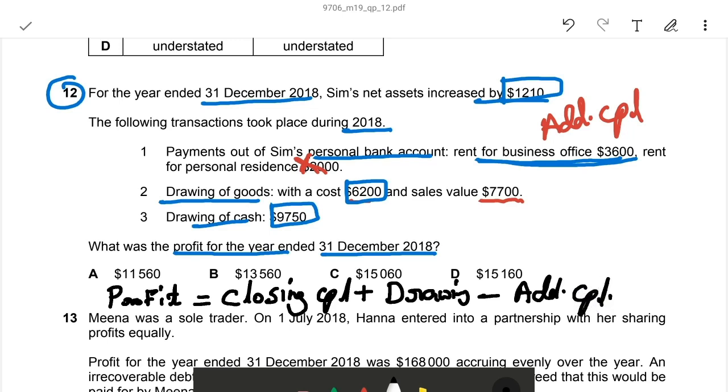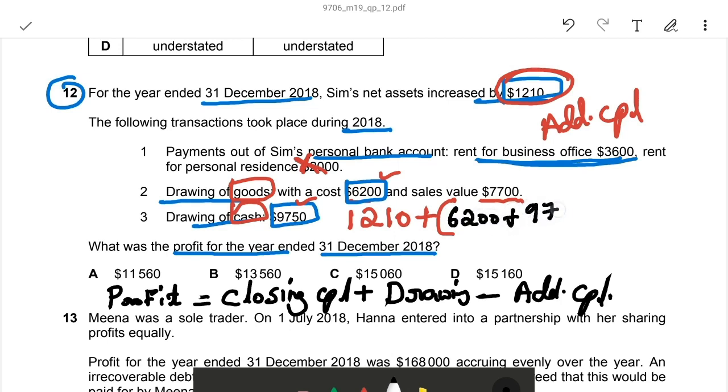So here, what is the closing capital? Closing capital is 1,210. Plus drawings. Here two drawings are given: one drawing by goods, one drawing by cash. That is 6,200 plus 9,750. So add the two drawings, 6,200 plus 9,750.